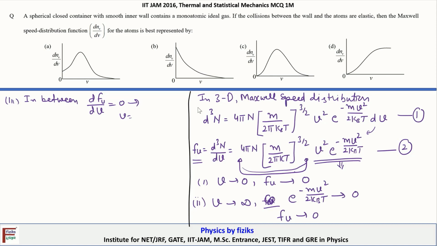So therefore the option C here correctly represents the behavior of the function f(v) given by equation 2, because when v approaches 0, f(v) also approaches 0, and when v approaches infinity, the function also approaches 0, and somewhere in between it acquires a maximum value. So C is the correct option here.